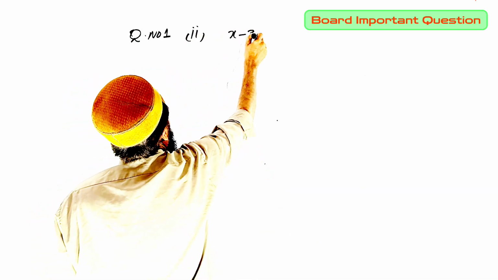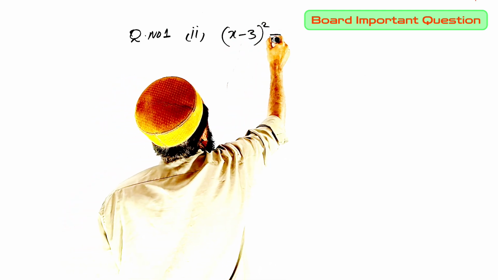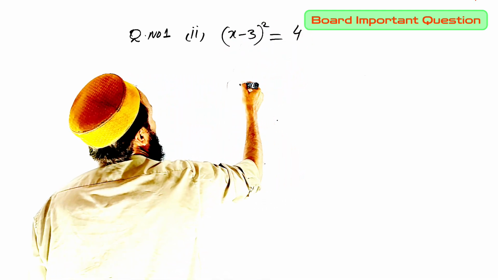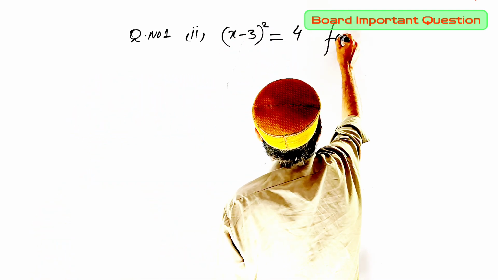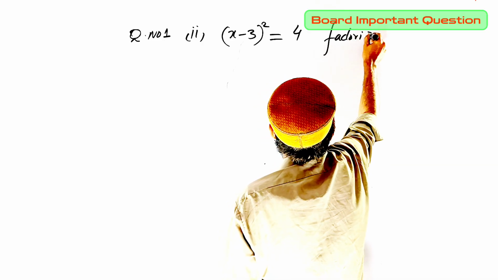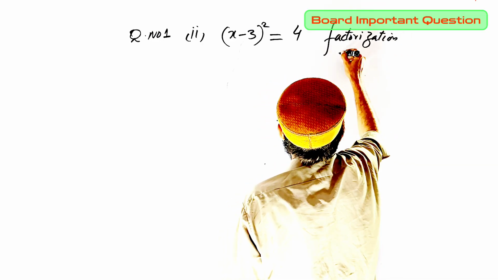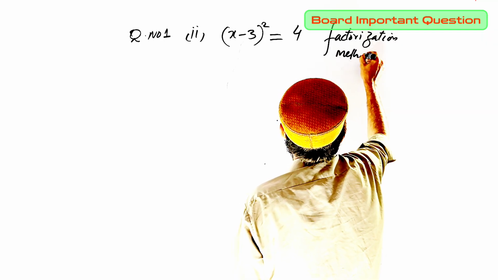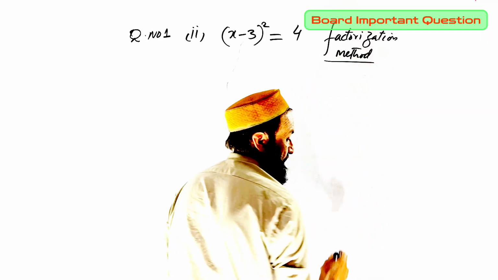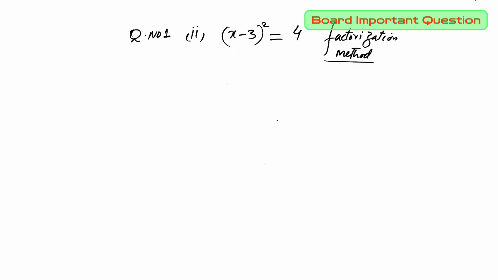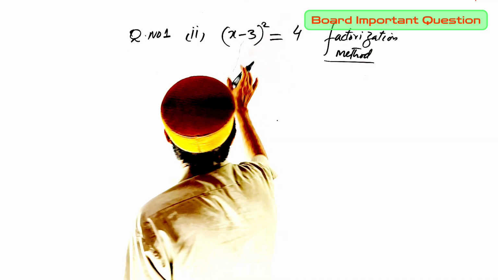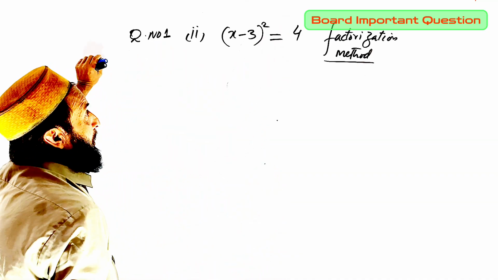x minus 3 whole square is equal to 4, using the factorization method. Factorization method we are applying in here. In this type of question, first of all we open the brackets.